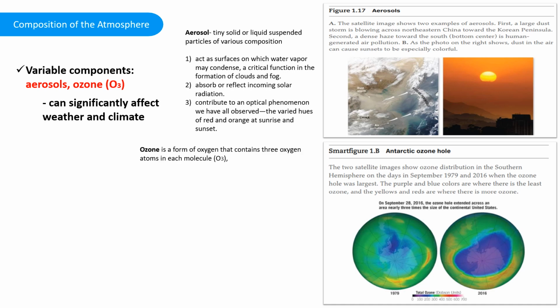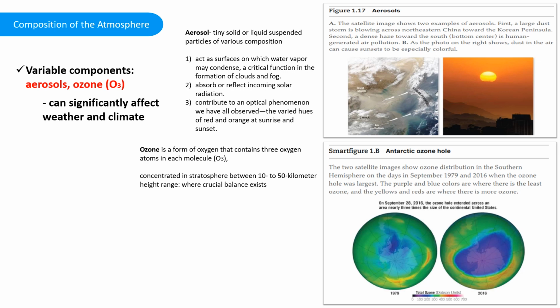Ozone actually is a form of oxygen that contains 3 atoms in each molecule. Or rather, 3 atoms in 1 oxygen molecule. And this ozone is concentrated in the stratosphere between 10 to 50 kilometers height range, where a crucial balance exists.